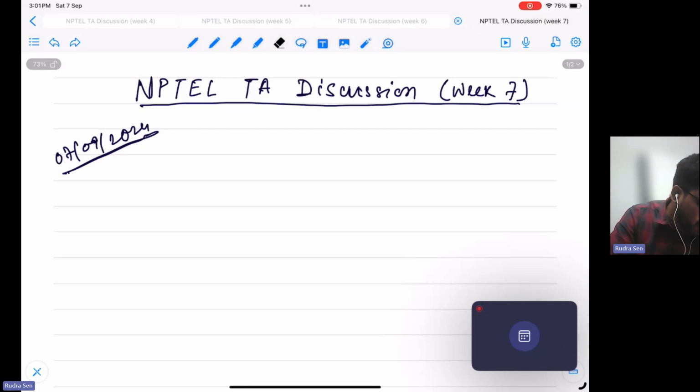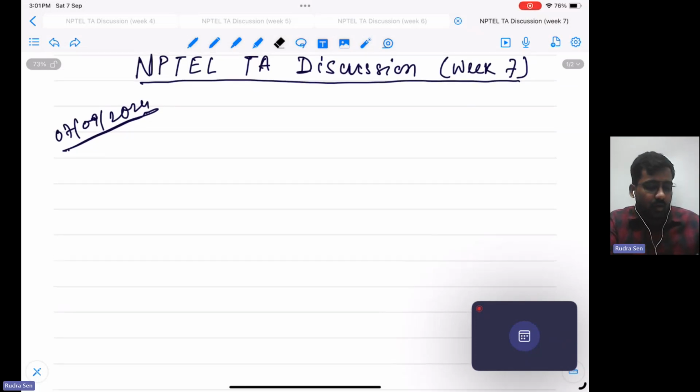So observability is basically what? Having the information of the output, we get the information of the initial condition of a system. This is observability. If it is possible, then we say the system is observable.